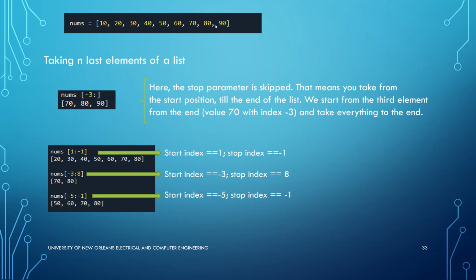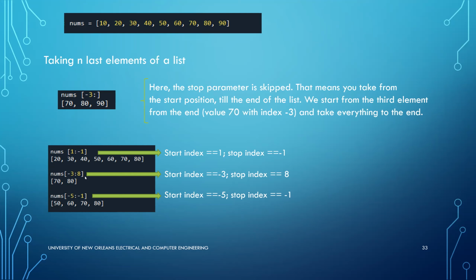So we're going to go from element 1, which is 20, towards the last element. But remember, the last element is not inclusive, so we're not going to display that element. We're going to display the one just before that, which in this case is 80. That's what you see here. So make sure that you understand that notation and what it is telling you as far as extracting the information.